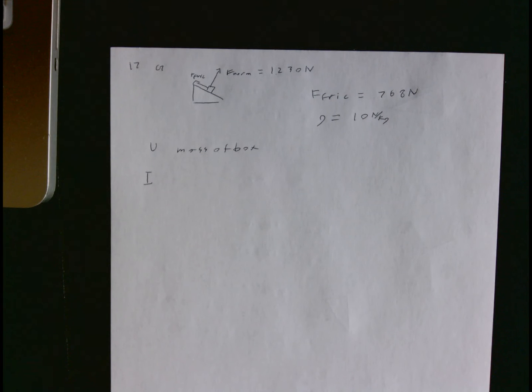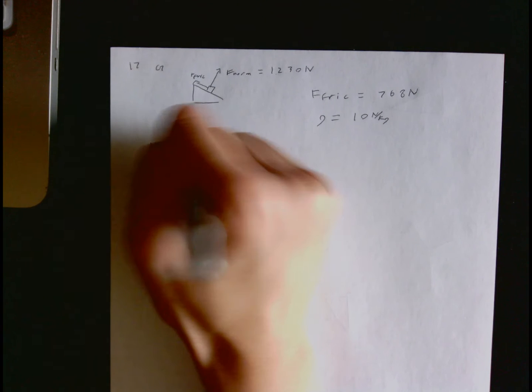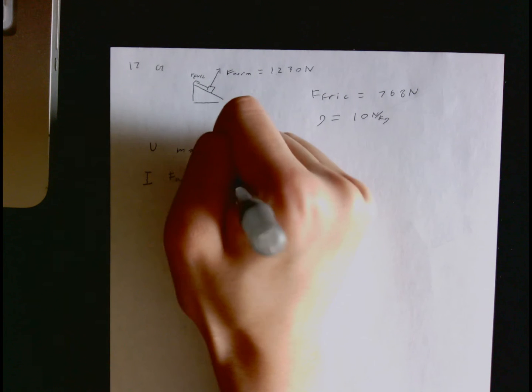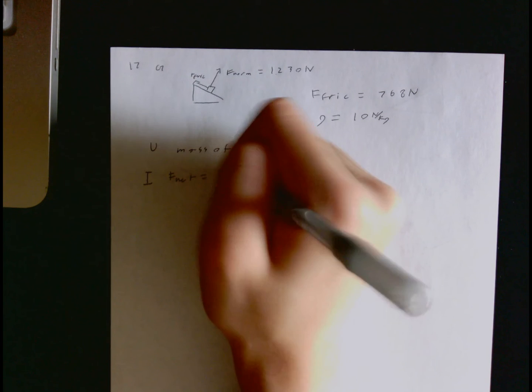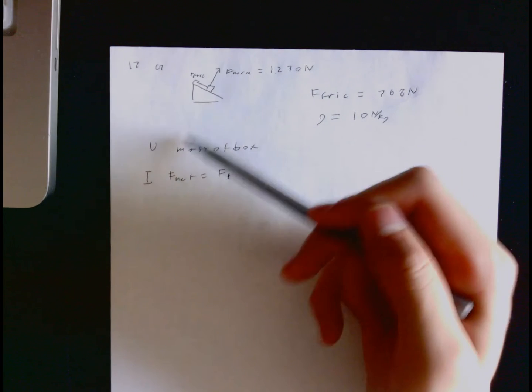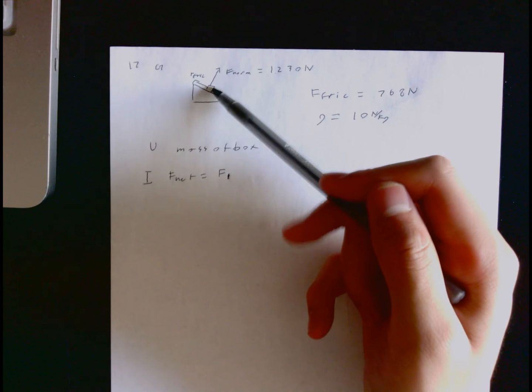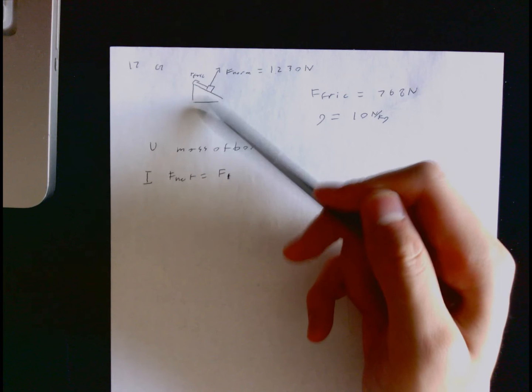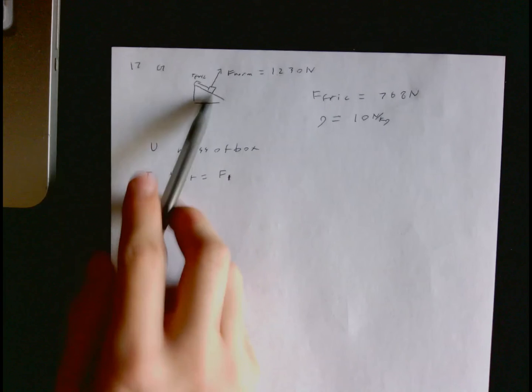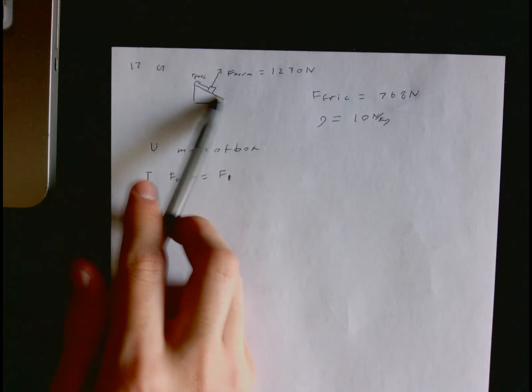The important concepts to remember are that F net is equal to the sum of all forces in a given direction. Or in this case, the F net this way is equal to the force normal minus the force that's going this way, and same with the force of friction and the force that's going this way.